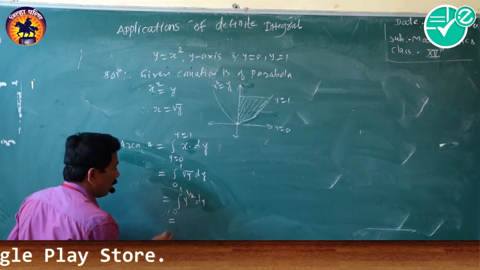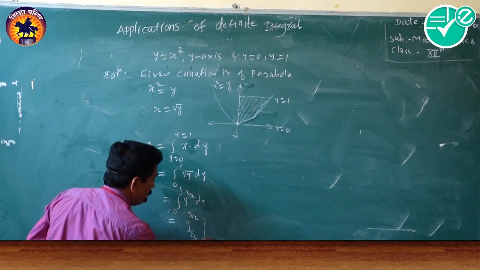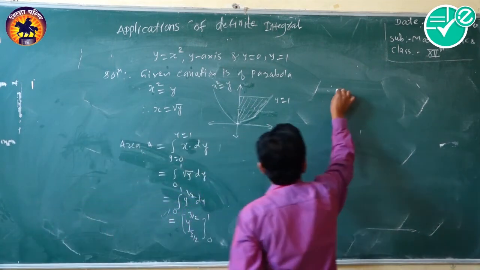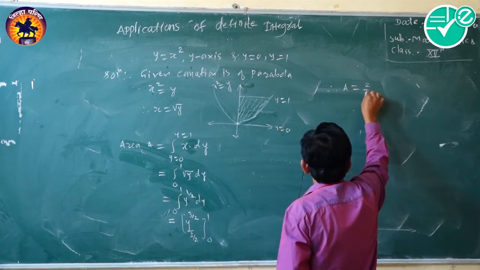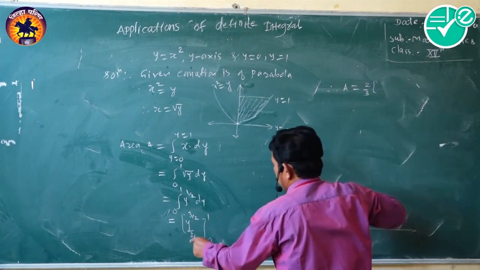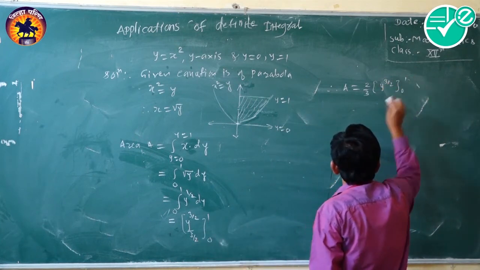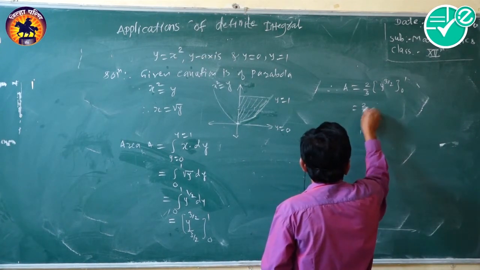Now integration of y raised to half is y raised to 3 by 2 upon 3 by 2, 0 to 1, and therefore A is equal to 2 by 3, that is the reciprocal of this, y raised to 3 by 2 into 0 to 1, is equal to 2 by 3 as it is.